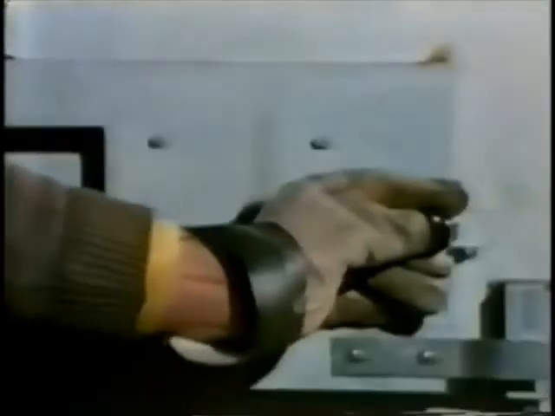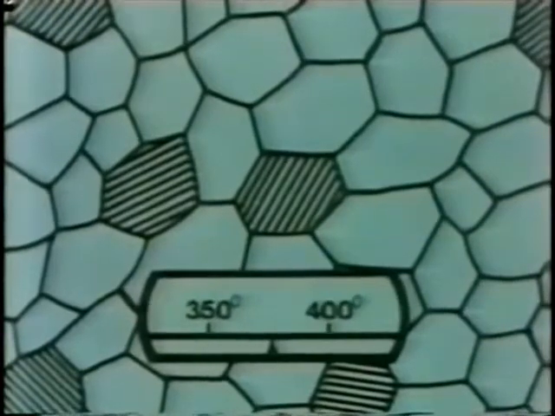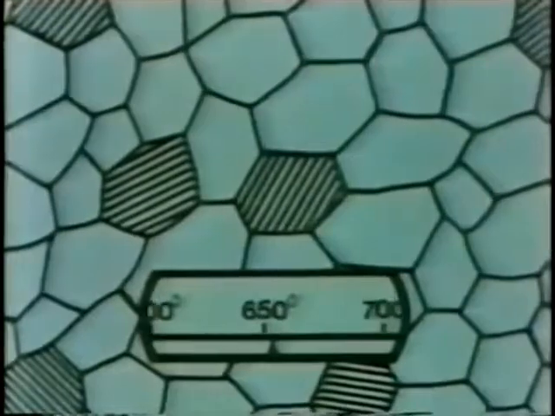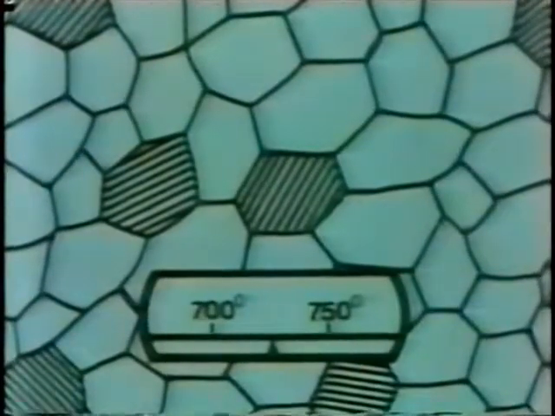So far, we've only looked at the heat treatment of 0.8% carbon steel. What happens if we try to harden steel containing 0.1% carbon? Here, the grains are mainly iron. Again, nothing happens until the temperature reaches about 720 degrees centigrade.